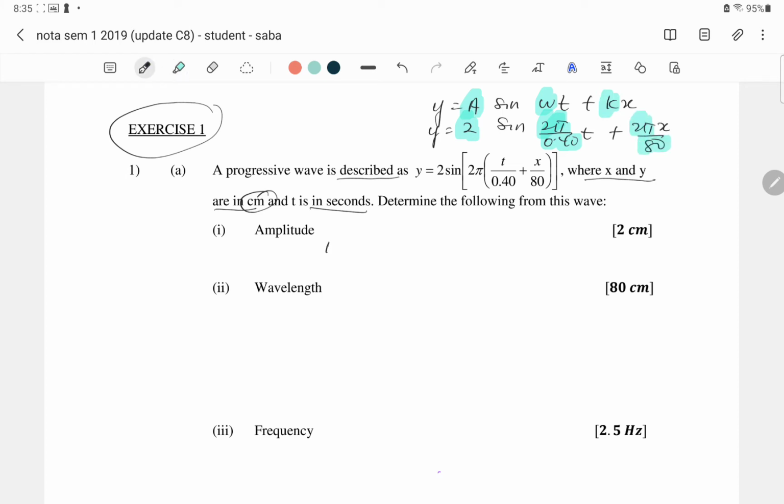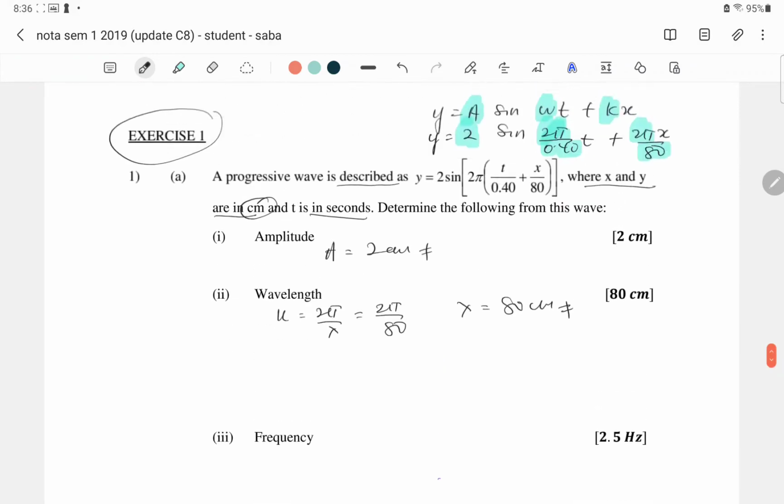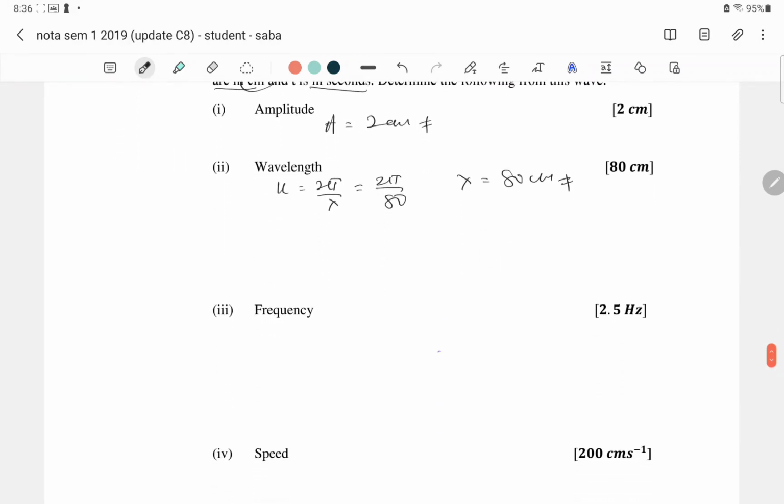Okay, so your amplitude here is 2 cm, your wavelength. So macam mana dapatkan wavelength? We can have wavelength from k, which is the wave number. k equal to 2 pi over lambda, so 2 pi over 80. So here you can have your lambda is equal to 80 centimeter. And then you can find your frequency. Your frequency you can find from your omega, where omega equal to 2 pi f.